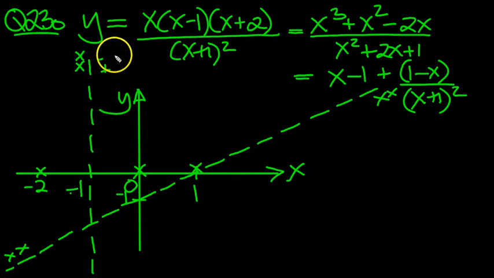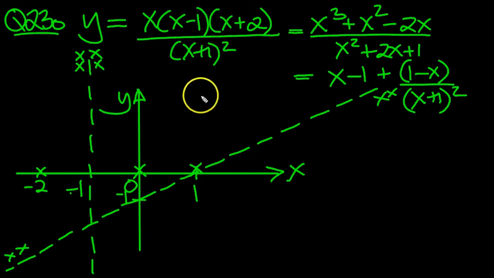So that was still negative, wasn't it? So negative, negative, positive makes it positive. So it looks like it's going to be up here again, for some reason, up there. So it's going to come down here, go through minus 2 and go down there. It's going to come down here, go through 0, and then go through 1, and it's going to end up going up here, isn't it?